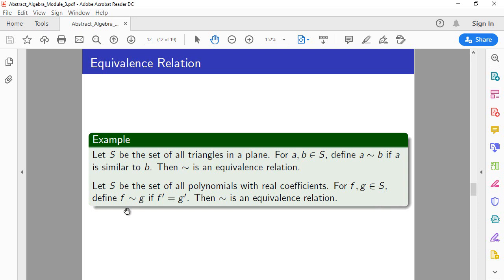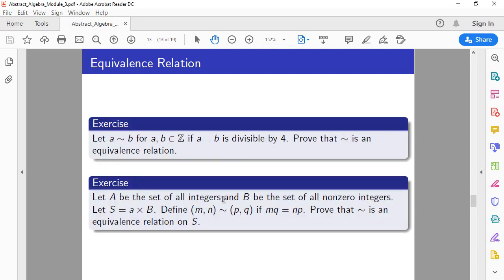So if f is related to g, then g is also related to f. And the transitive property holds because if the derivative of f is the same as the derivative of g, and the derivative of g is the same as the derivative of h, then the derivative of f must be the same as the derivative of h. So we conclude that this relation is an equivalence relation.